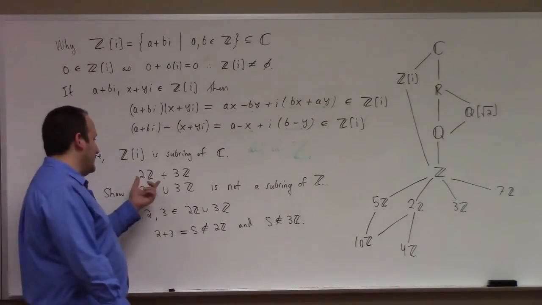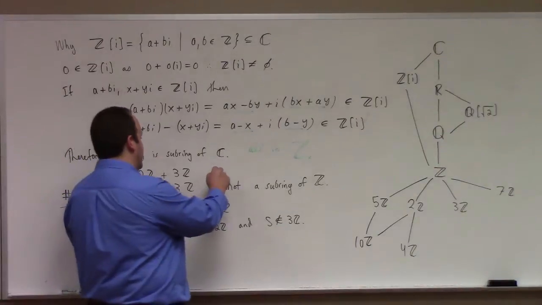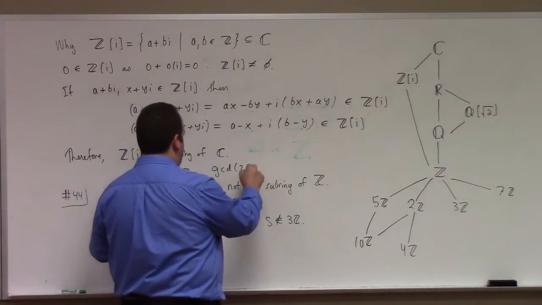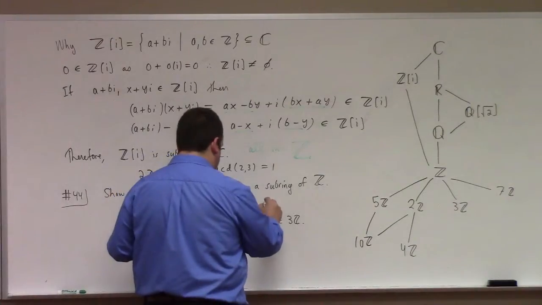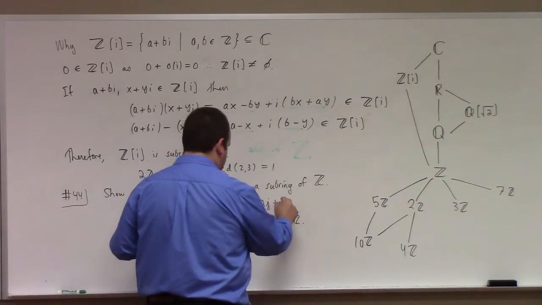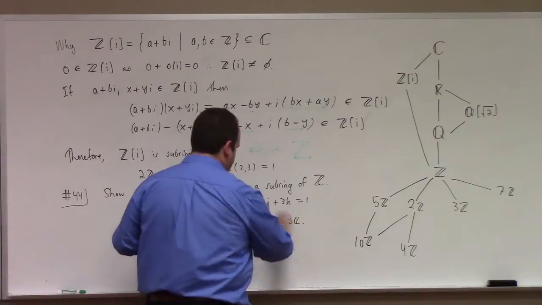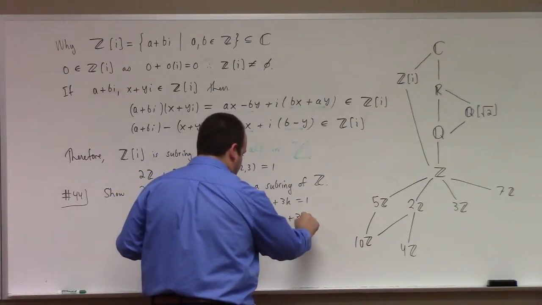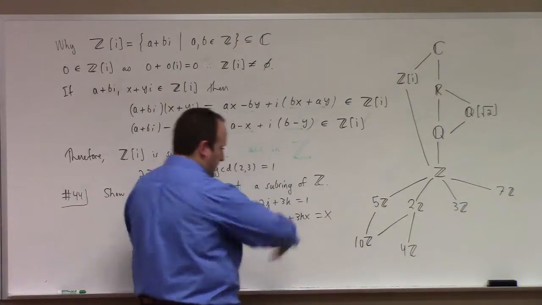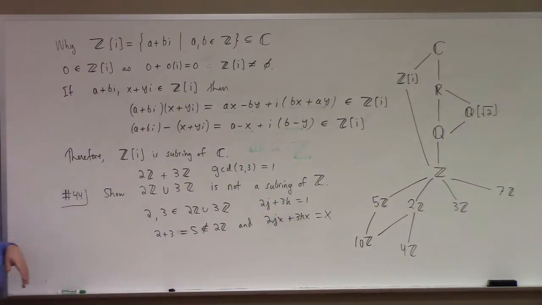I'm pretty sure you can reach, well, yeah, look, the GCD of 2 and 3 is 1, which means that there exist j and k such that 2j plus 3k equals 1. So that means that 2jx plus 3kx is equal to x. For any x in the integers, you can reach any integer x in the sum of 2Z and 3Z. Totally different thing than the union.